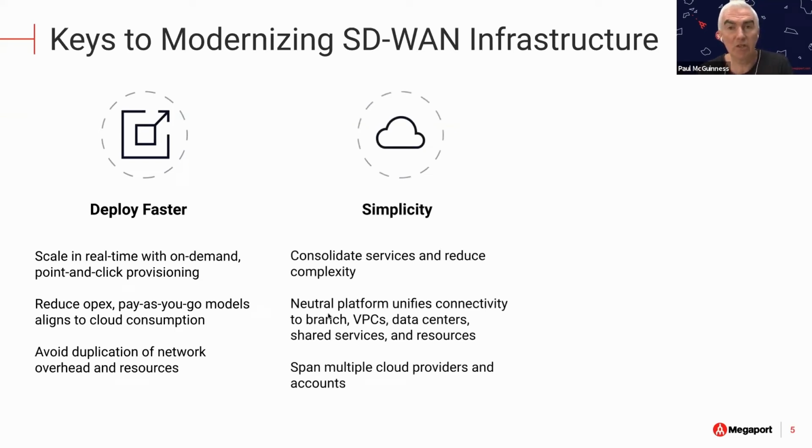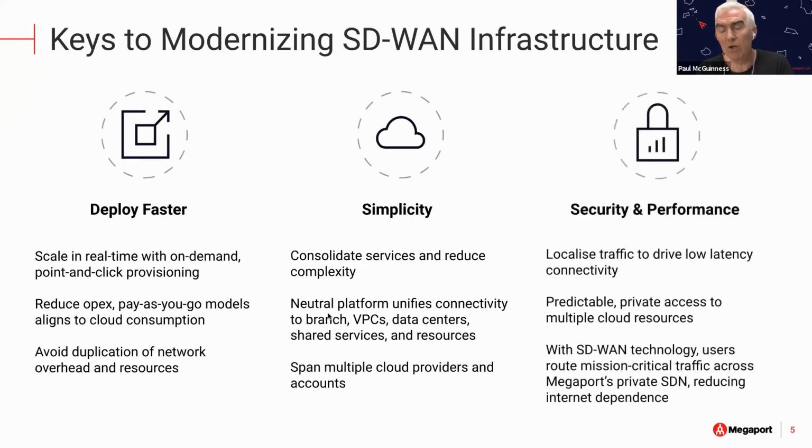So you can consolidate services, have them running over infrastructure that does many things at the same time, all under your control, but combining the ability to join your branches, your clouds, your data centers, and connectivity to partners and Megaport marketplace partners as well.